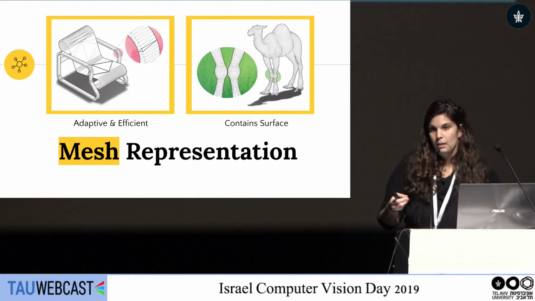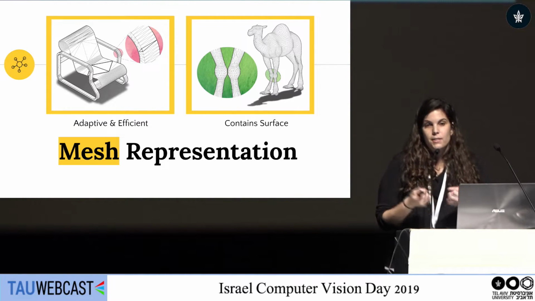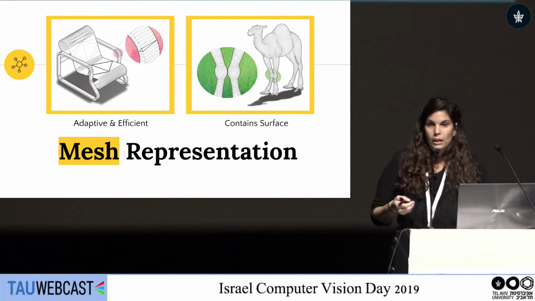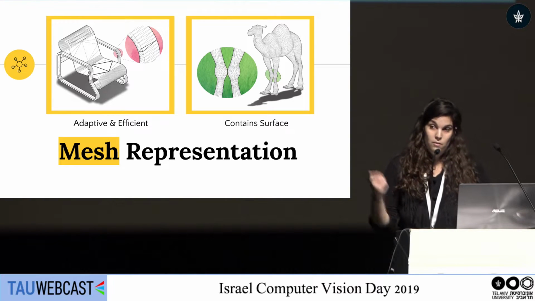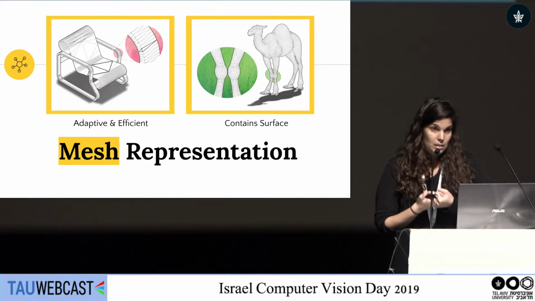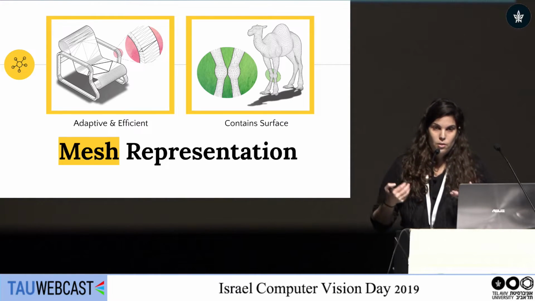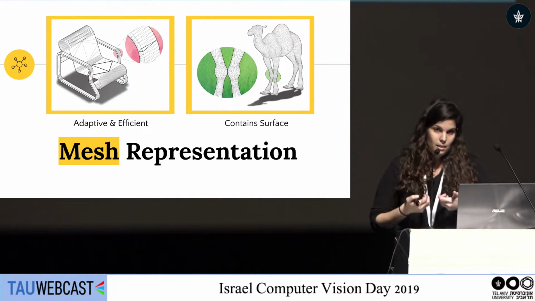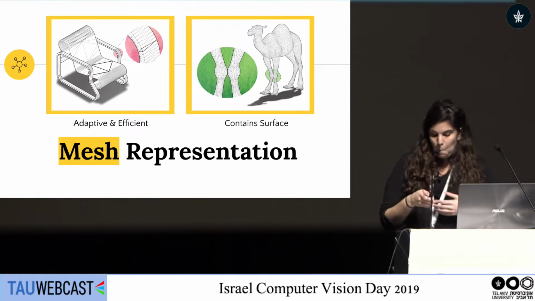Second, the mesh also explicitly contains the surface. So we can disambiguate points, for example, on the 2 camel joints that are very close in Euclidean space by their distance on the surface, or their geodesic distance.